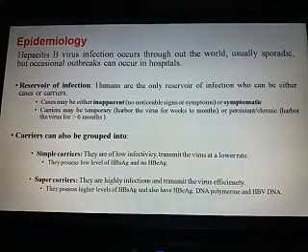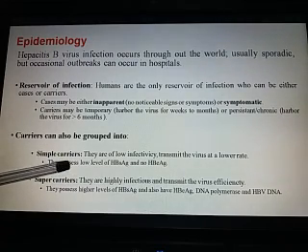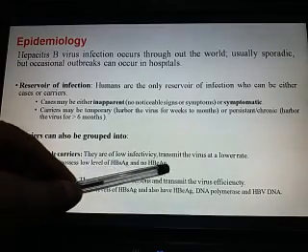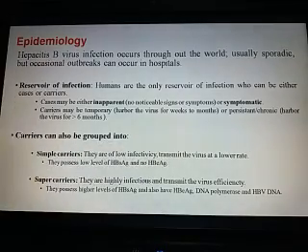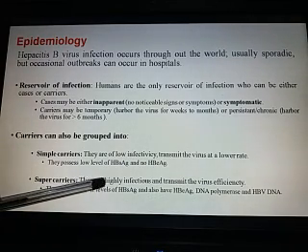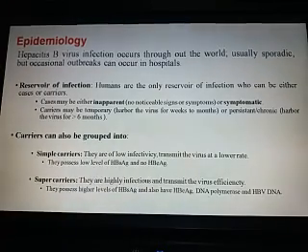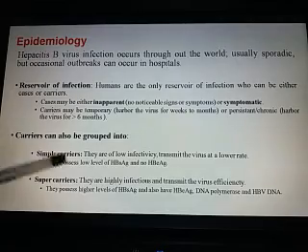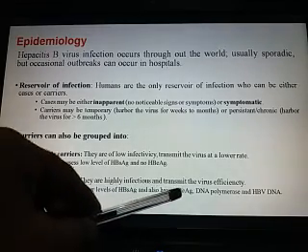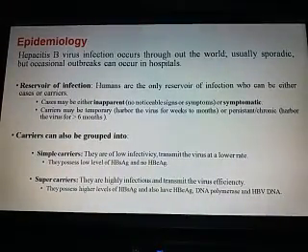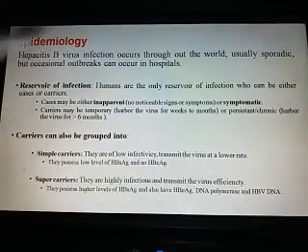That means these persons have a low level of hepatitis B surface antigen, but no hepatitis E antigen, that is the pre-core antigen. Supercarriers are highly infectious and transmit the virus efficiently, and these persons have hepatitis B surface antigen, E antigen, DNA polymerase, and hepatitis B virus DNA. That means the complete particle of the virus.